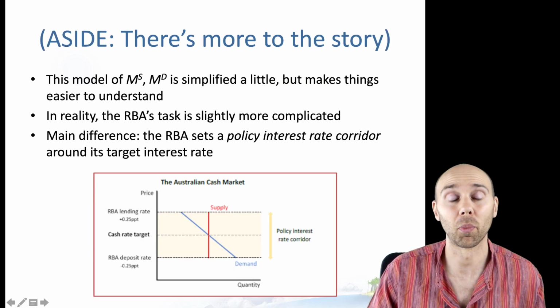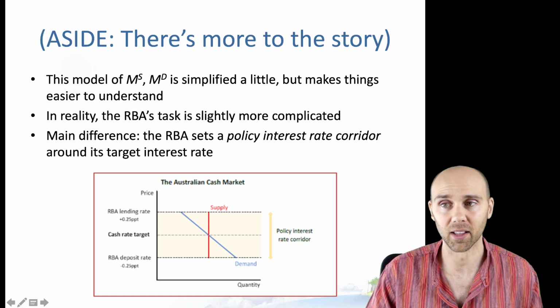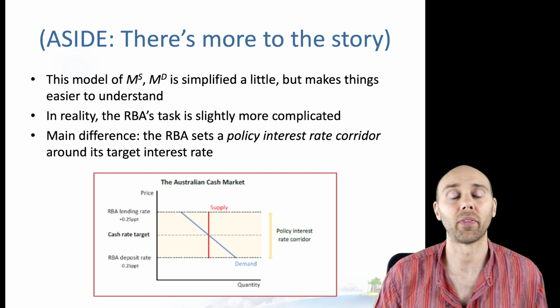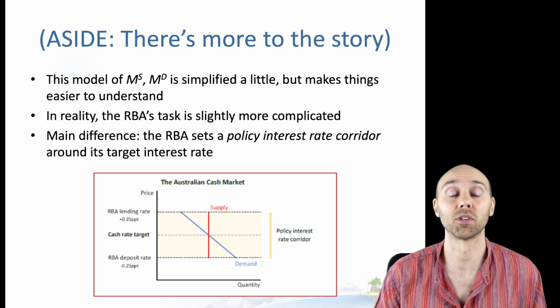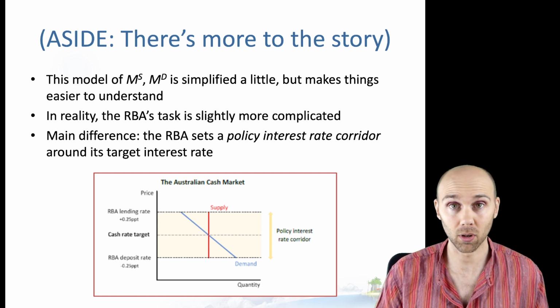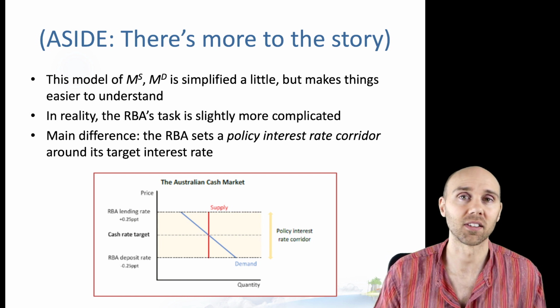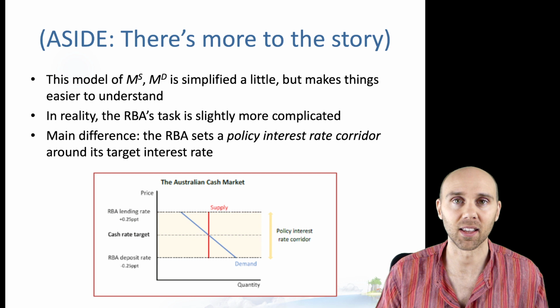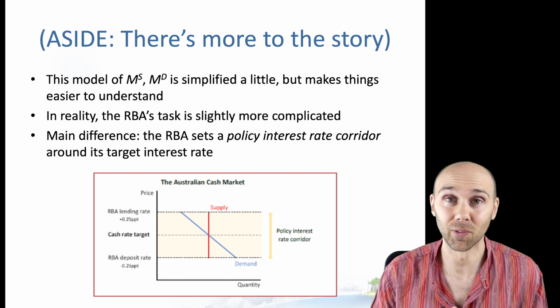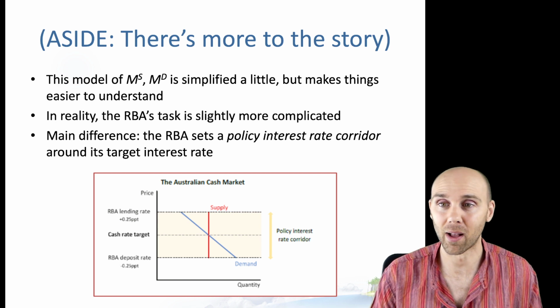It's a little bit more complicated what the RBA does. It may not be of interest to you, but the RBA does go to some lengths on its website to describe the differences between what an economics textbook says, which is what we've discussed so far, and the actual processes that it undertakes. And I guess the RBA sees that there is some importance in making this difference known, so I feel obliged to tell you about this.